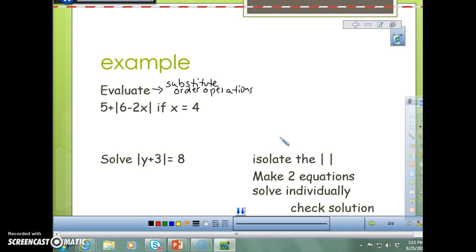So we're going to replace x with a 4 in this case. You're going to think of those absolute bars as a grouping symbol, like a parenthesis. So we want to do the things in the absolute bars first.